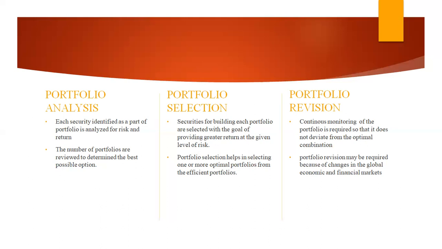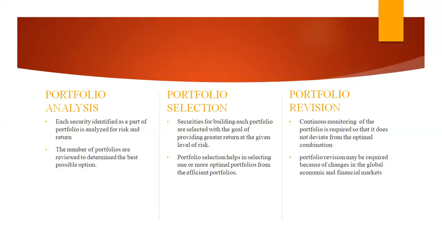So the next one is portfolio revision. It's like a readjustment of the portfolio. Some of the securities held in the portfolio may be sold while new securities may be purchased. It's because, as we already saw, there may be a change in the market condition or the company's performance or the financial market or even in the economy.